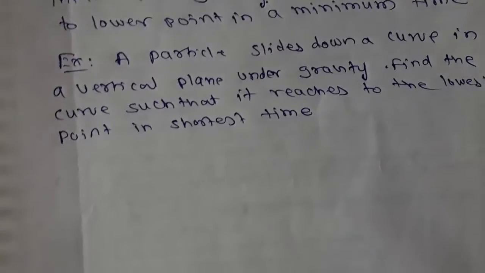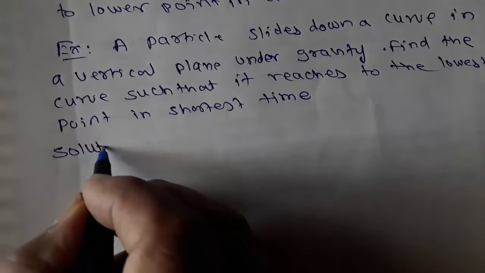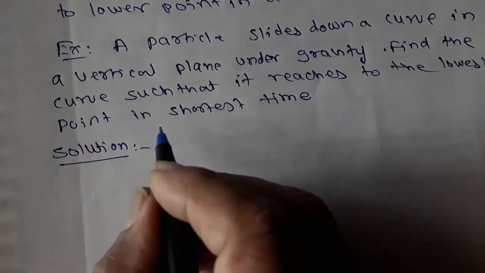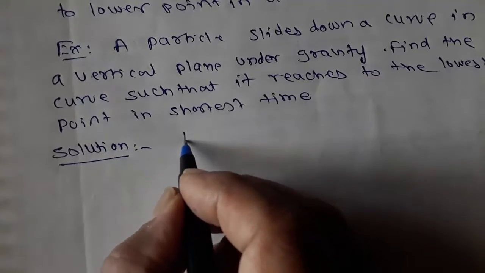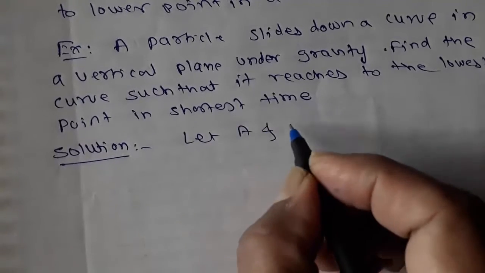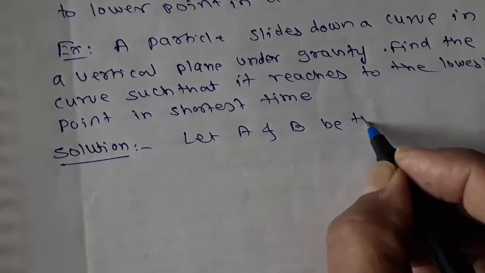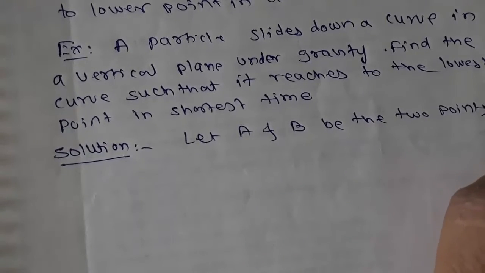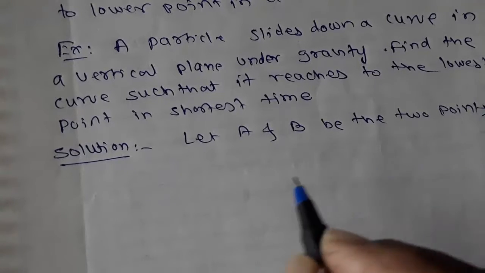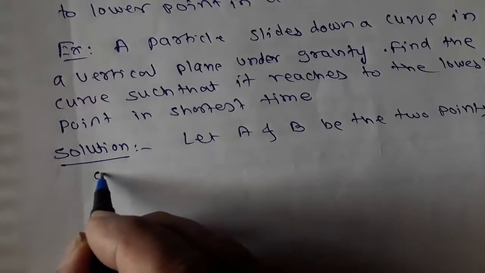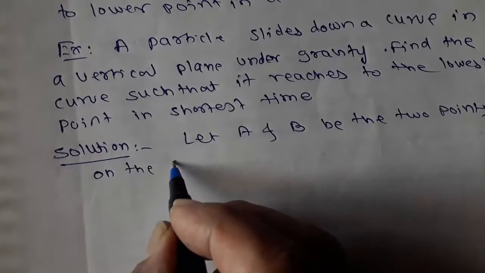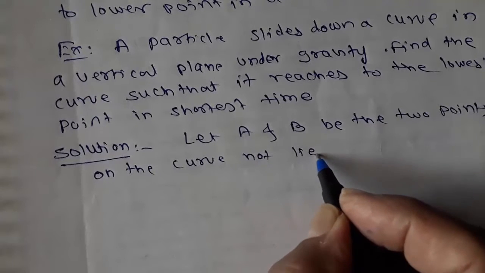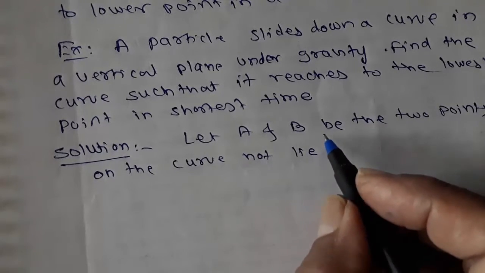Solution of this is: let A and B be the 2 points on the curve, not lying on the vertical line.